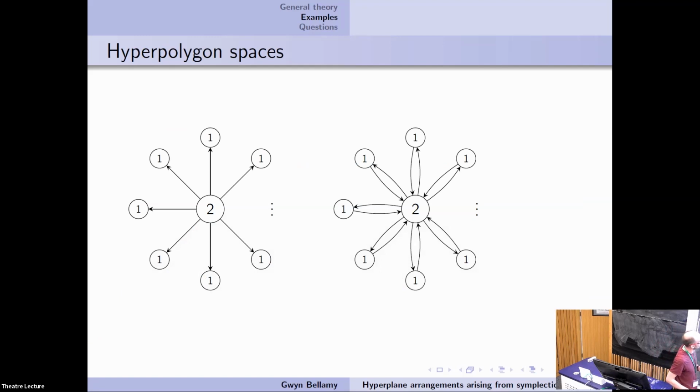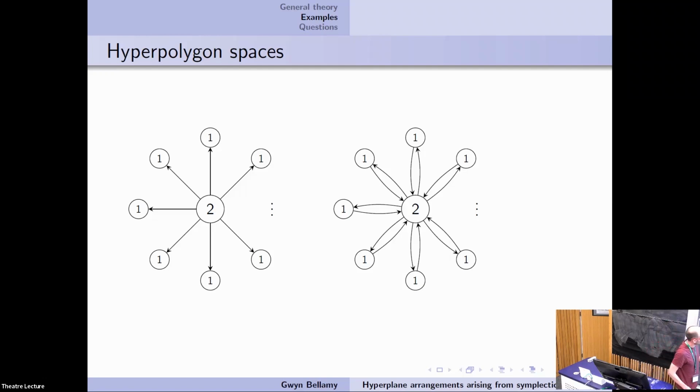Now we move on to a completely different space. There are these moduli spaces called hyperpolygon spaces. A polygon space is literally parameterizing polygons in R3. A polygon in R3 is where you start at the origin, go some distance, then another distance, and then eventually get back, up to rotational symmetries of R3. This gives you the polygon space.